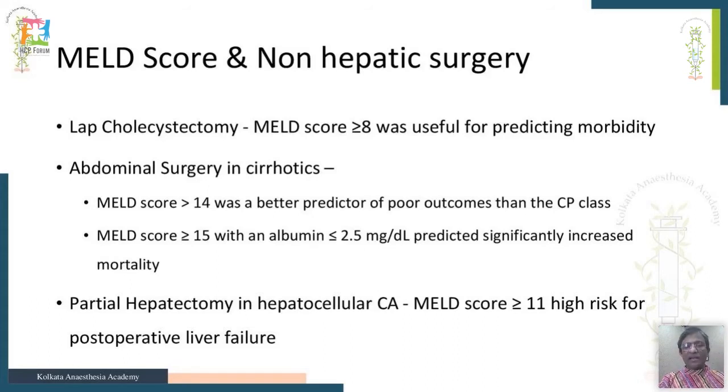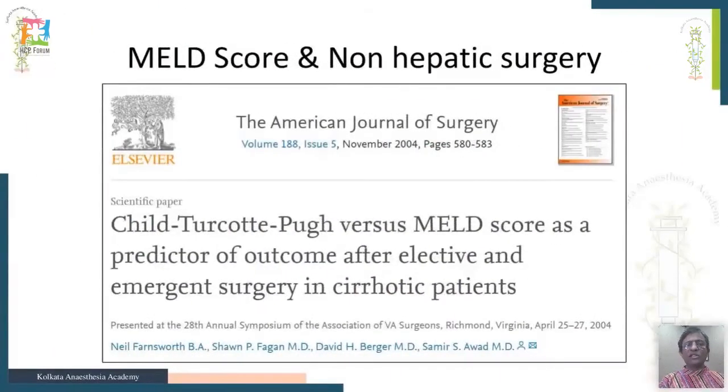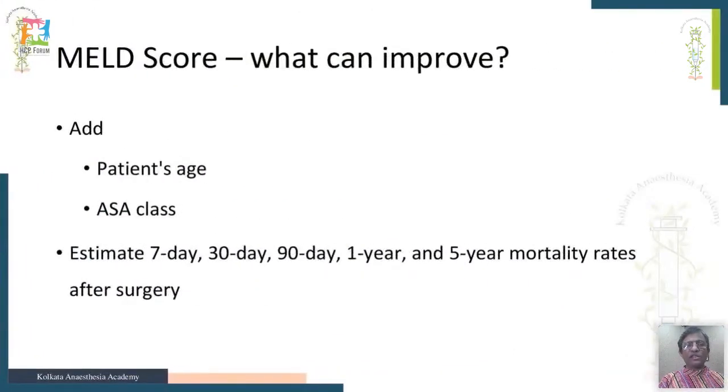And even a hepatectomy in hepatocellular CA with a MELD score of greater than 11 was a high risk of post-operative liver failure. What I'm coming to is that MELD scores can help you prognosticate and can help you in shared decision making.